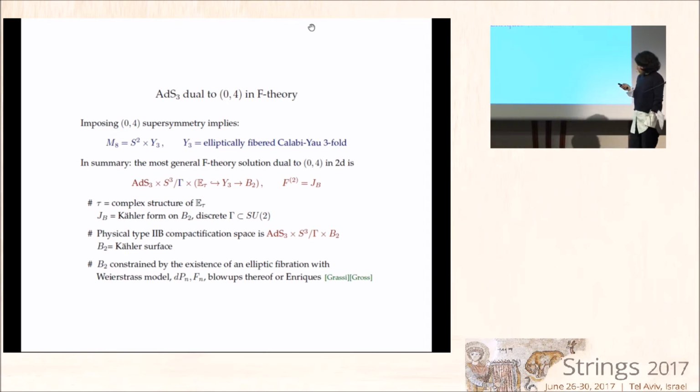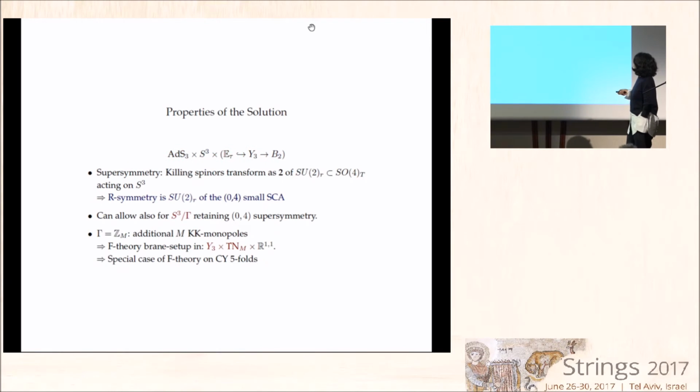Okay, so this is essentially the solution. As I said, in the dual theory it would have (0,4) supersymmetry, and it's the small superconformal algebra which acts in terms of an SU2 inside the SO4 that acts on the S3. Now you might ask, what is this additional gamma quotient that we can do here? Gamma equal to Z_M gives a very nice interpretation in terms of MKK monopoles.